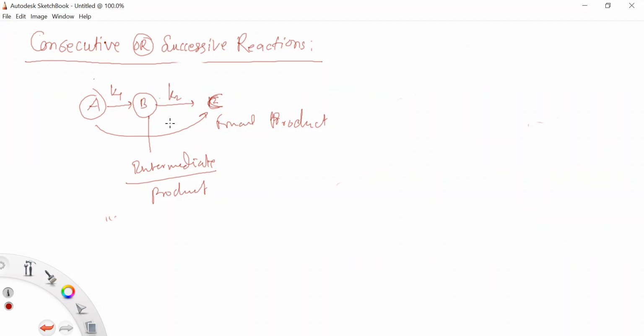The overall reaction is determined by the slowest rate determining step.